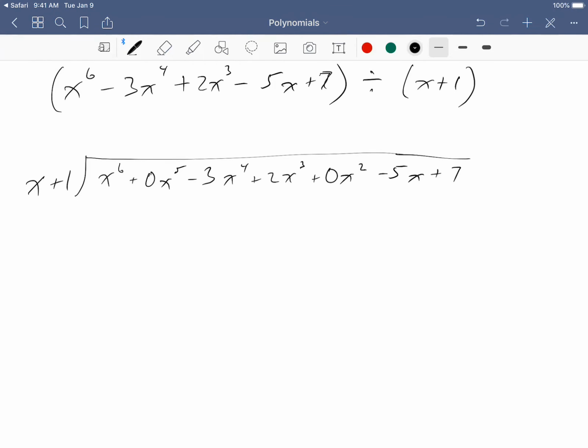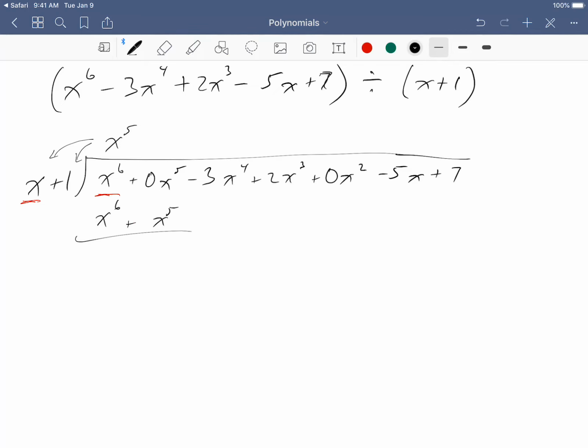Now, I'm going to take the leading term, the x here, and think about how it goes into each next term. So x into x to the 6th, I'm going to need that to be x to the 5th. So I put that on top, and now I need to multiply that x to the 5th by x plus 1. So I'm going to get x to the 6th, which is great, I'm going to be able to subtract those away, and an x to the 5th.